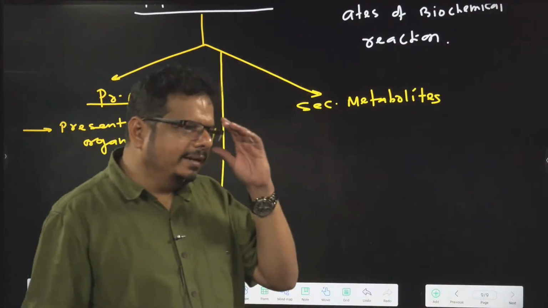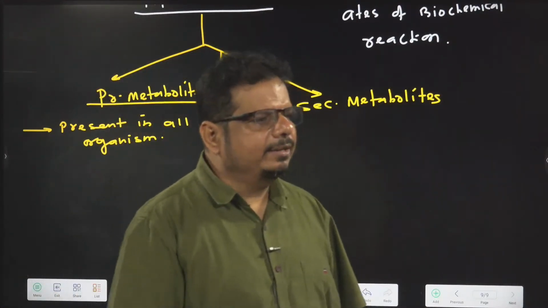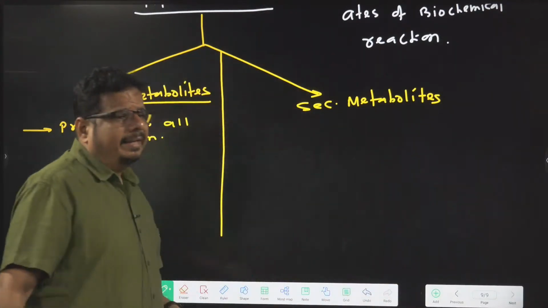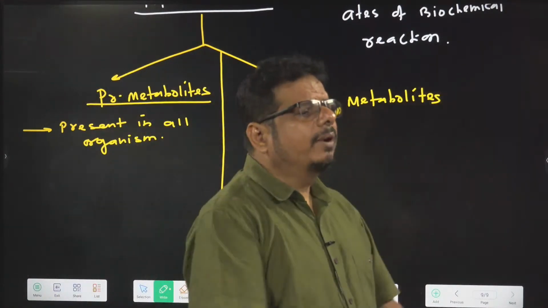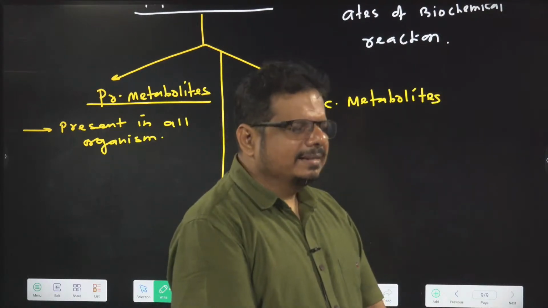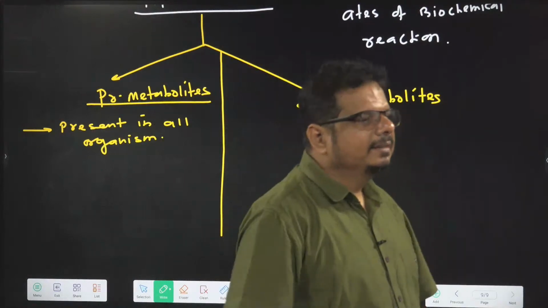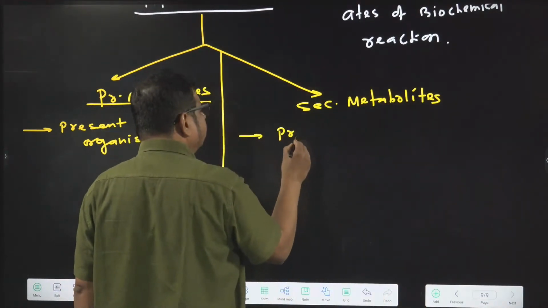Either it is bacteria or fungi or plant or animal, everywhere it is present. Done? So in animals, what kind of biomolecules you can find during chemical reactions, these are all examples of which one? Metabolites.